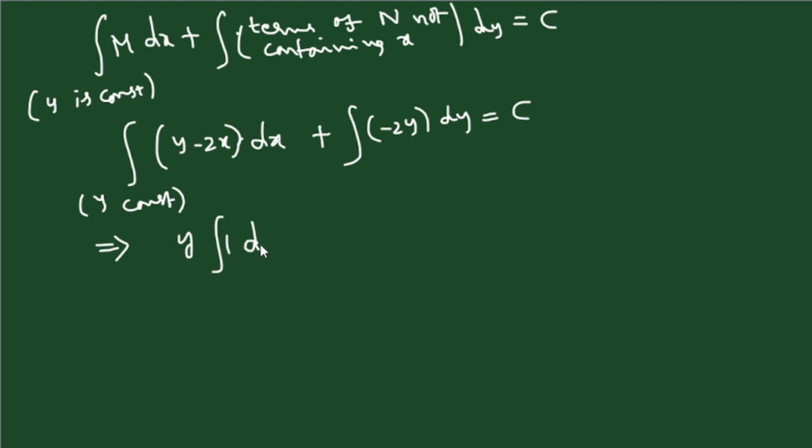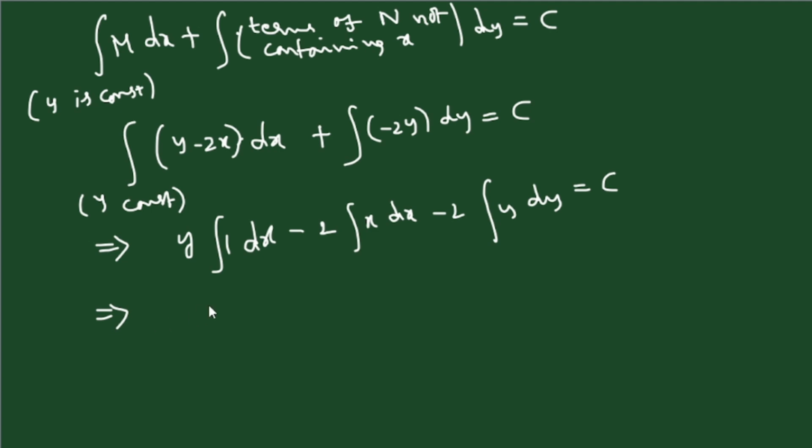So integral 1 dx, distributing this integral to the two terms. The second term, 2 is a constant, integral x dx. Minus 2 comes out of the integral y dy equal to c.